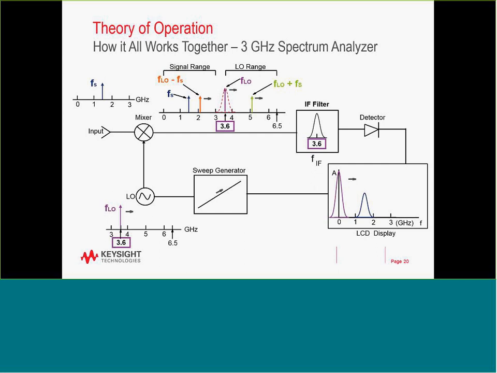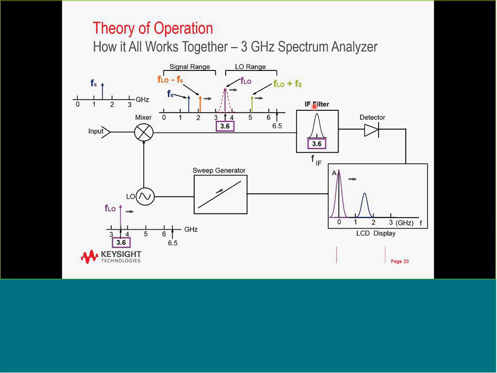For the spectrum analyzer, if we look at the block diagram, it's a simplified one. The actual signal comes in at 1.5 gigahertz, and we are going to combine it with the local oscillator, which will go from 3.6 to 6.5 gigahertz. The intermediate frequency is the frequency of the LO minus the signal.